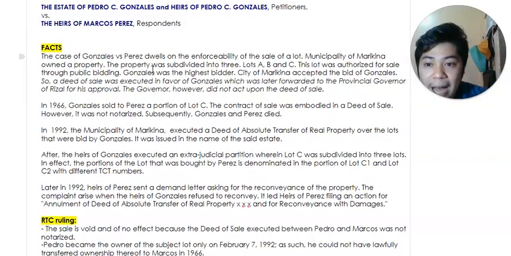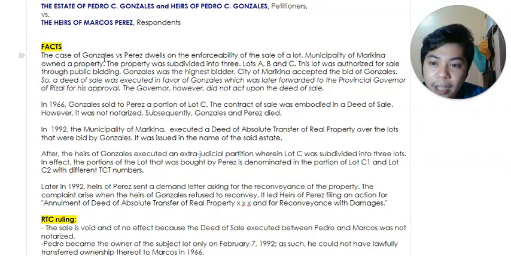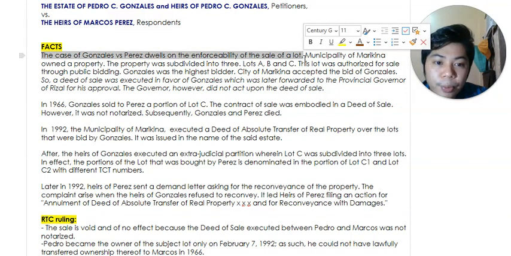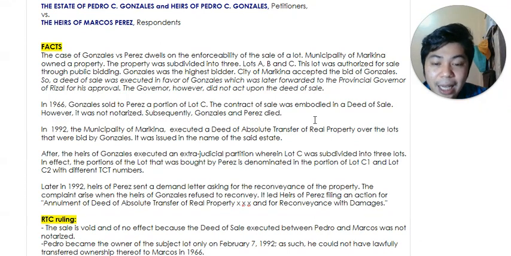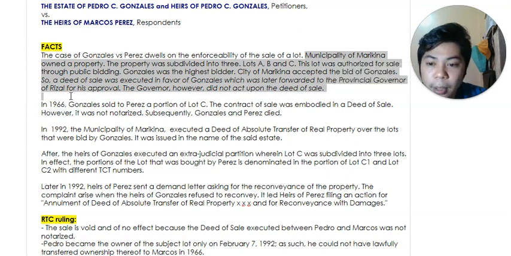Next would be the facts of the case. Here, this is my own wording, and I summarized it. I simplified the sentences because most of the Supreme Court sentences are very lengthy and very complicated. So I just summarized it into a much simpler form.